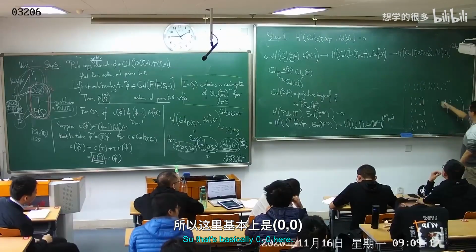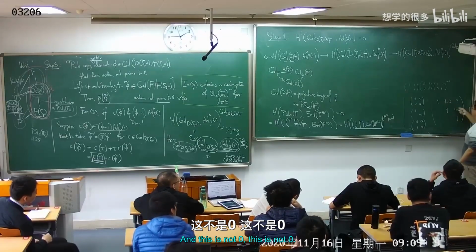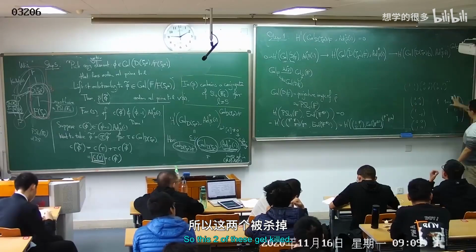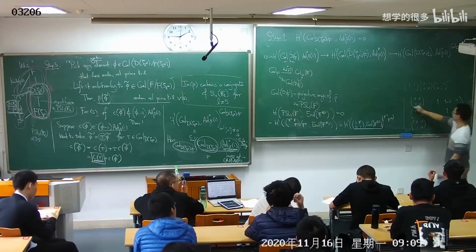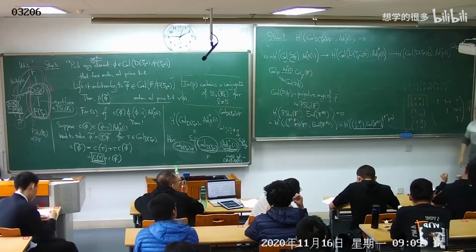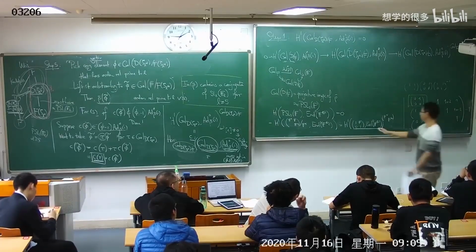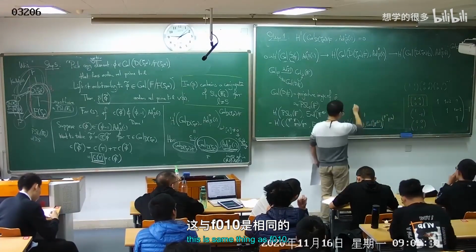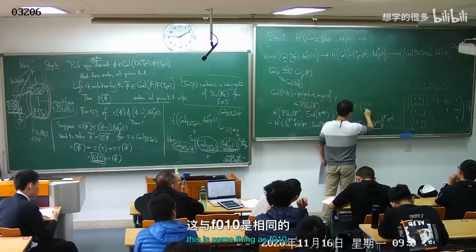So that's basically 0, 0, 0 here, and this is not 0, this is not 0. So two of these get killed, so I'm left with this bit here. This is the same thing as F times 0, 1, 0, 0.